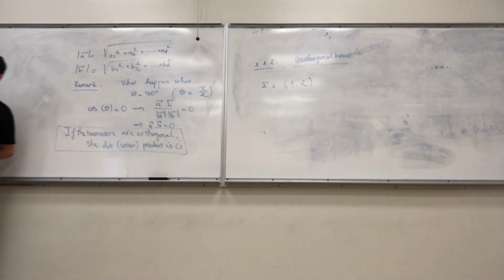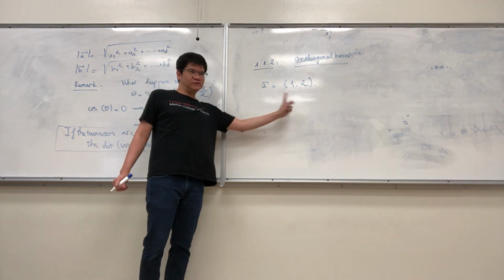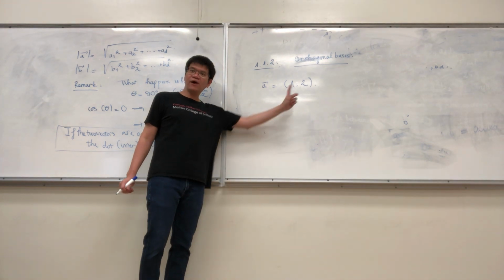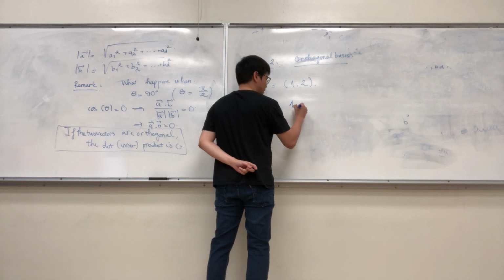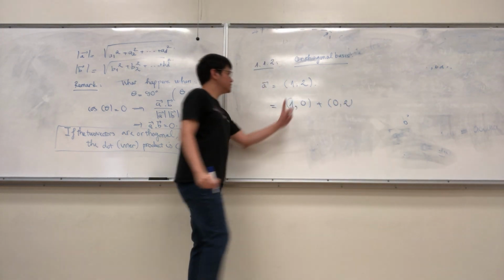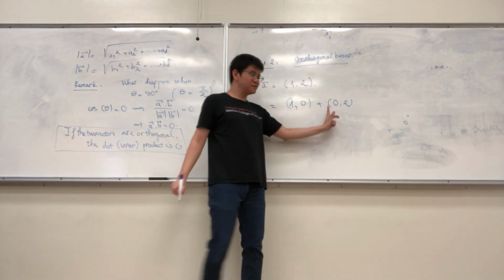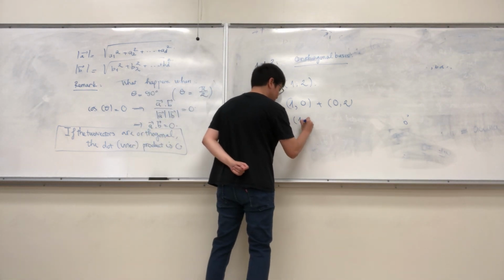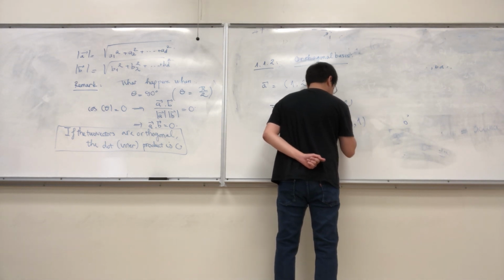This is the vector that we considered before. Now I can write this vector in the following form. I have (1, 0) plus (0, 2). So (1, 2) can be decomposed as (1, 0) plus (0, 2). So this is 1 times (1, 0) plus 2 times (0, 1). All right?